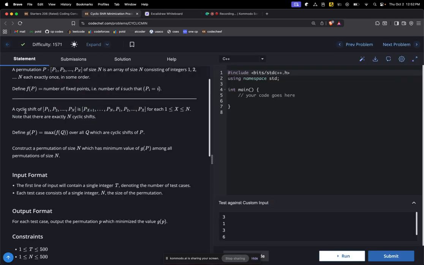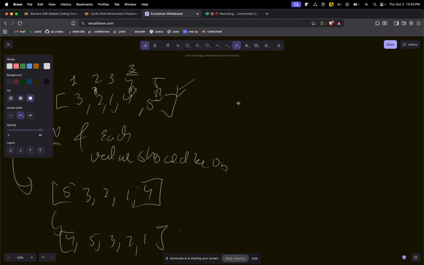So what the question says is, we know what a cyclic shift is. Define f gp equals the maximum of fq over all q, which is a cyclic shift of p. So let's say I have p here, P is a permutation or even an array, how many cyclic shifts does it have? It actually has n cyclic shifts, because the n plus 1th cyclic shift is the same as the 0th cyclic shift.